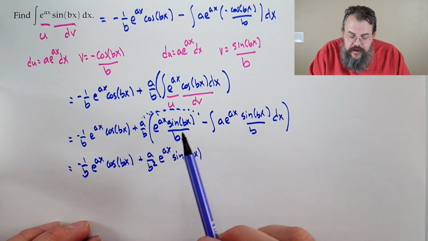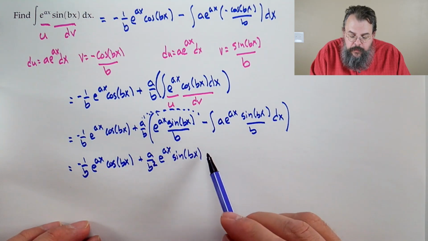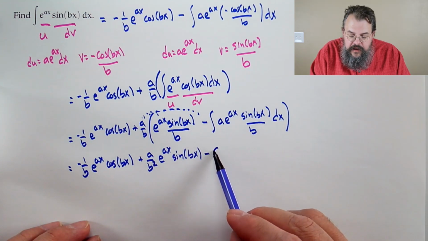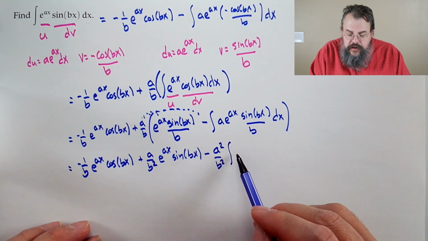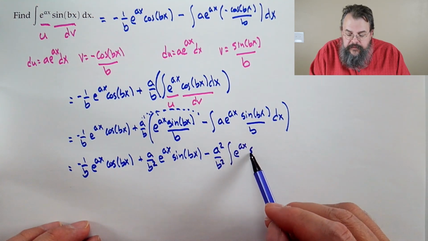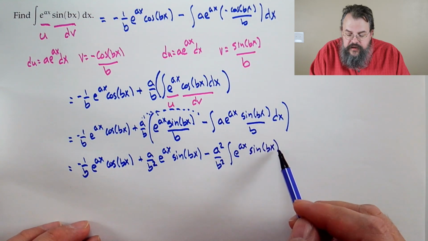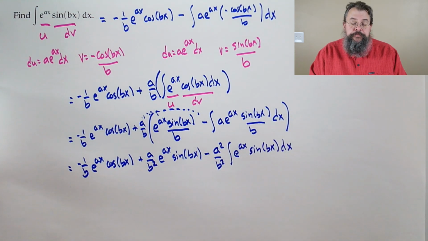And now there's going to be an a over b as well, so that'll become minus a squared over b squared integral e to the ax sine of bx dx.